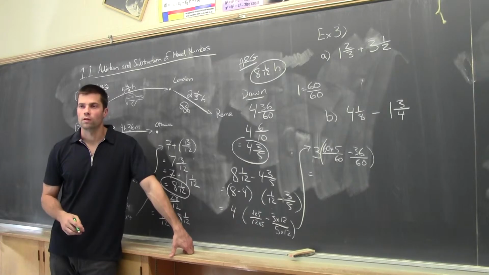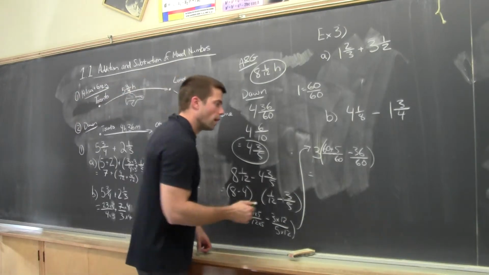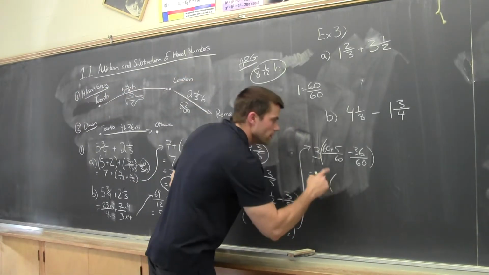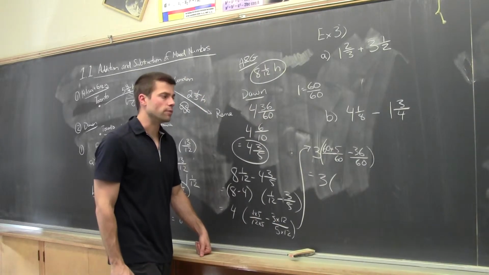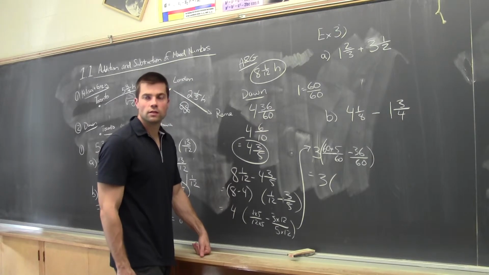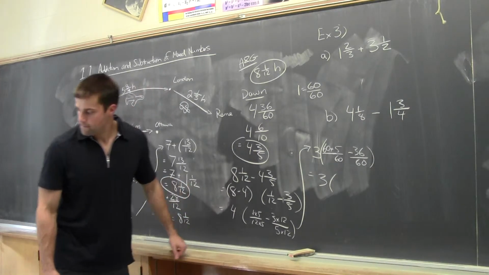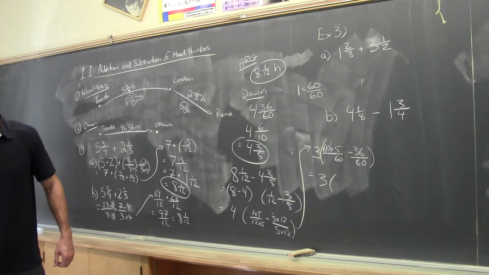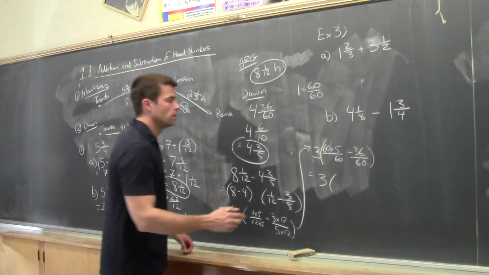Some of you might already be a little bit confused, which I am also. It's not the greatest method, especially when we get into subtraction of mixed numbers. However, it does work. So 65 minus 36, what's that? 29? I think so too.